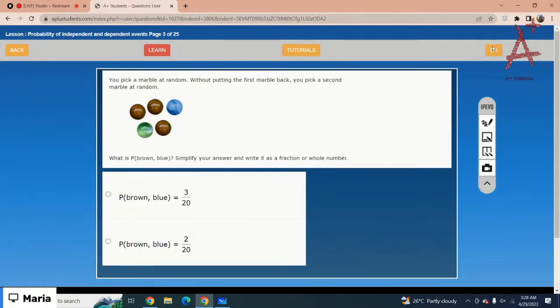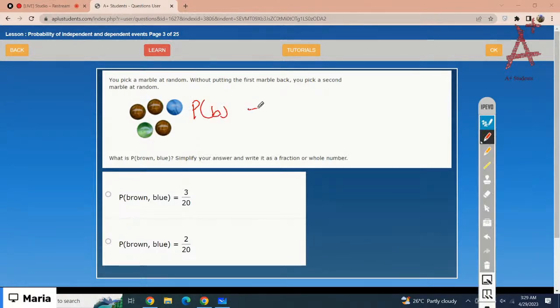Okay, you pick a marble at random. Without putting the marble back, you pick a second marble at random. What is the probability of brown and blue? You selected a marble and didn't put it back, so the events are dependent. The probability of brown the first time is 3 out of 5.